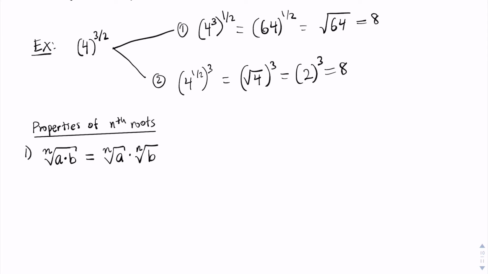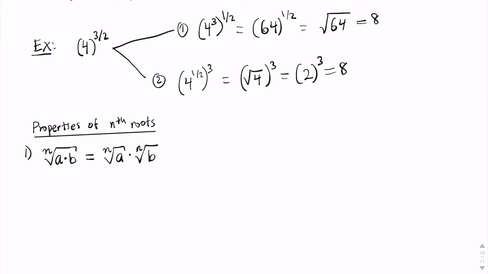But you have to be careful here, because it only works whenever it makes sense. Say for example n is equal to 2, so you're taking the square root of negative 4 times negative 4. The square root of negative 4 is complex. But when you multiply them out, you get a real number.